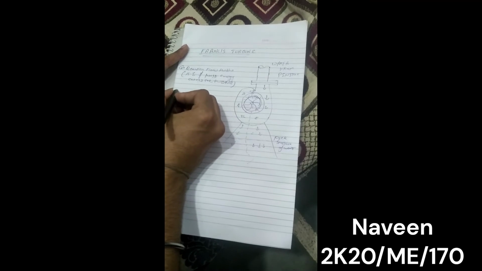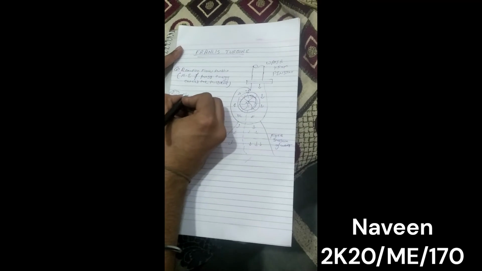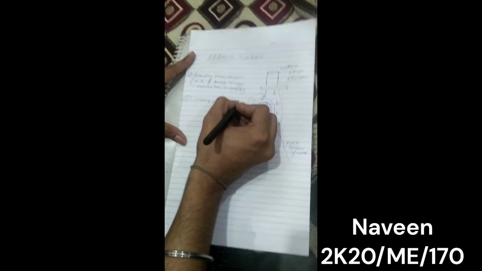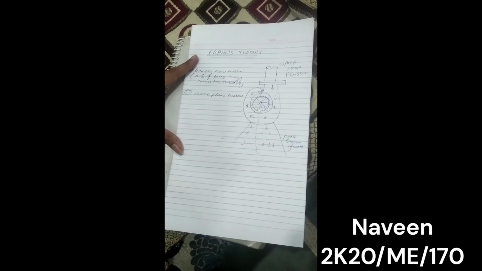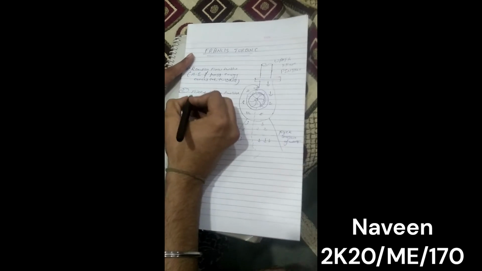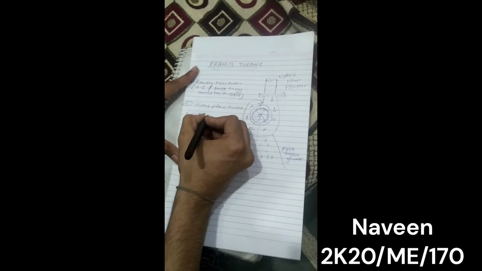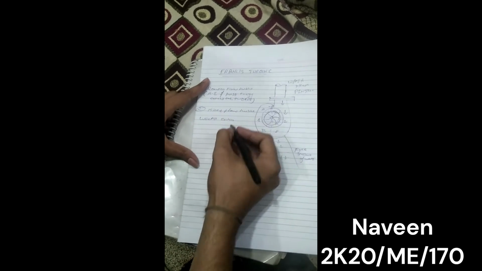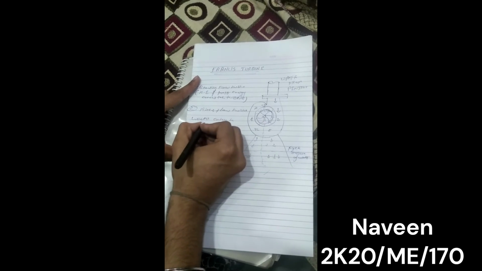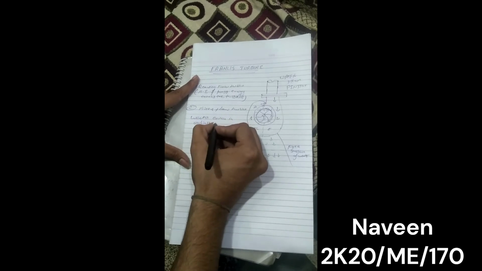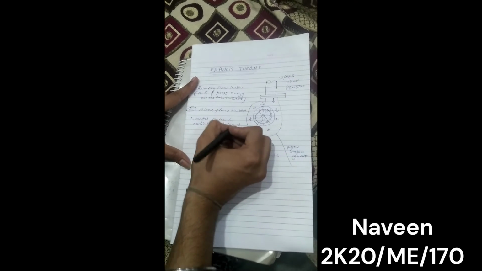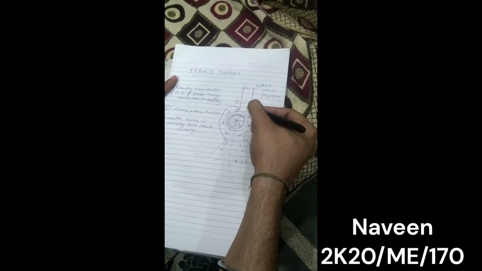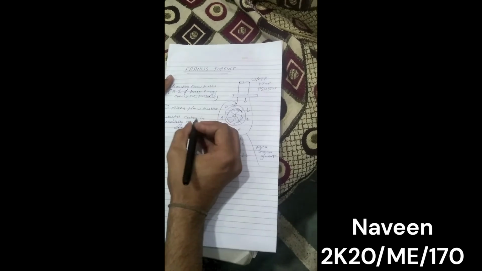Now secondly, it is a mixed flow turbine. And in mixed flow, water enters from the penstock radially and leaves axially. You can see, it enters from here radially and leaves axially.